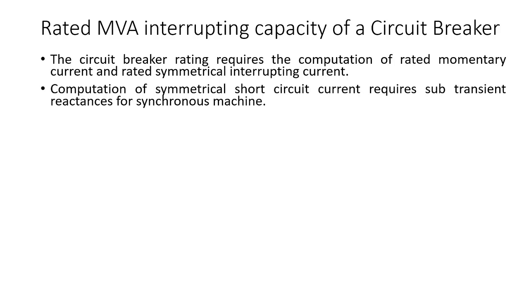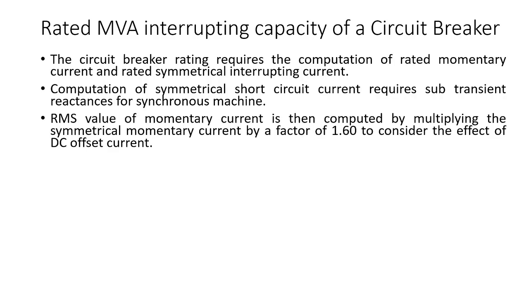Computation of symmetrical short circuit current requires subtransient reactance for the synchronous machine that we have already seen. We require the subtransient reactances for the synchronous machines to get Ig''. RMS value of the momentary current is then computed by multiplying the symmetrical momentary current by a factor of 1.60 to consider the effect of DC offset current. So that means that the momentary current is not separately calculated.